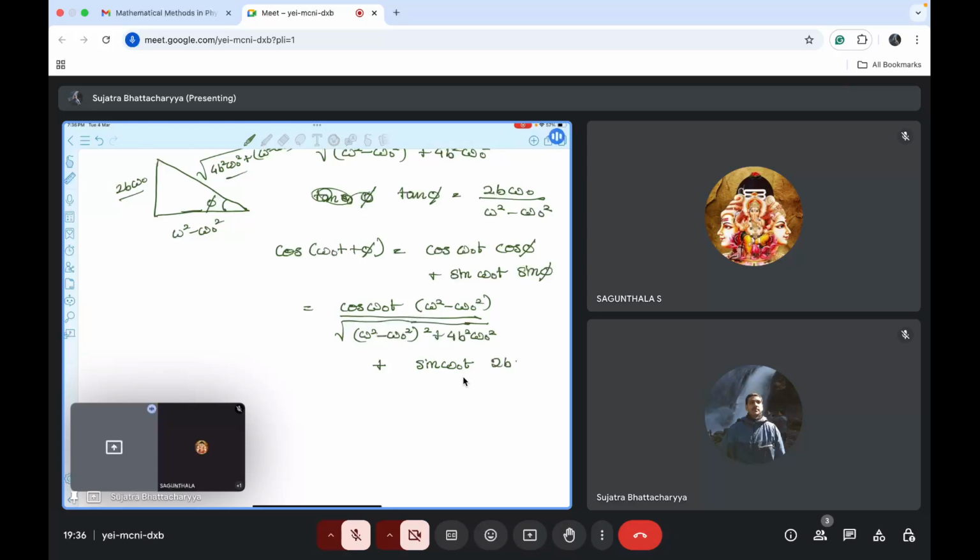So it will be 2b omega naught divided by root over the same, omega square minus omega naught square whole square plus 4b square omega naught square.